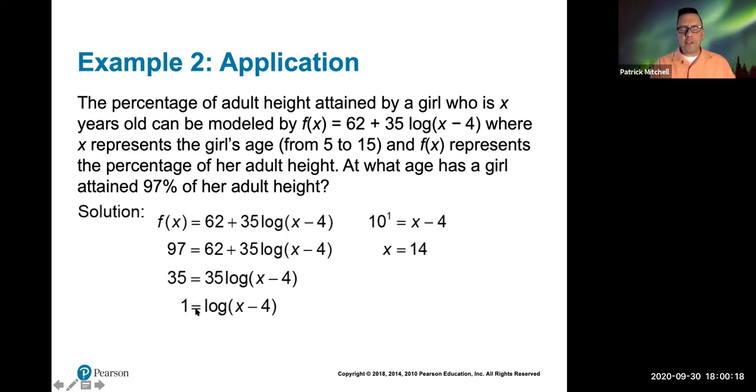That gives us 1 equals log of x minus 4. We write that equation in exponential form, which would be 10 to the first power equals x minus 4. Add 4 to both sides, you get x equals 14. So the age at which a girl has attained 97% of her adult height is 14 years old.